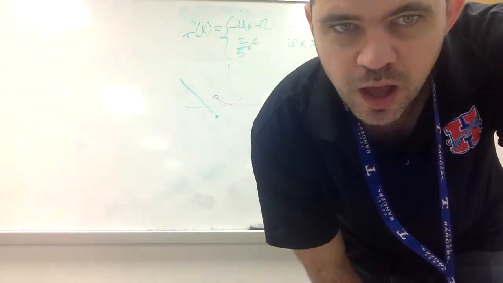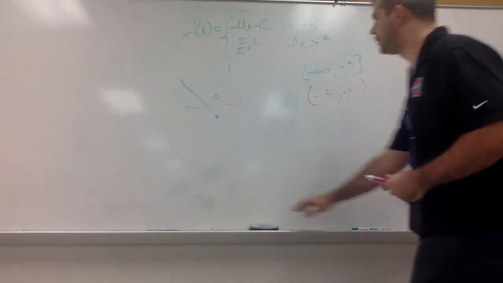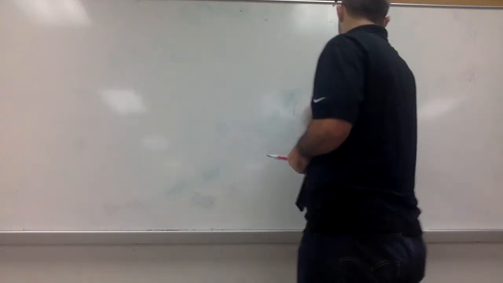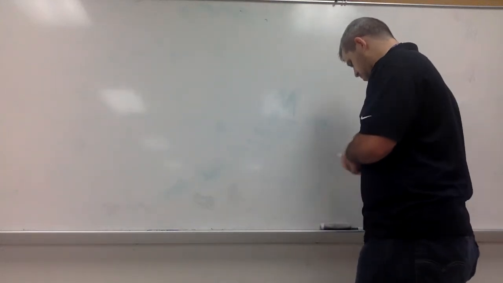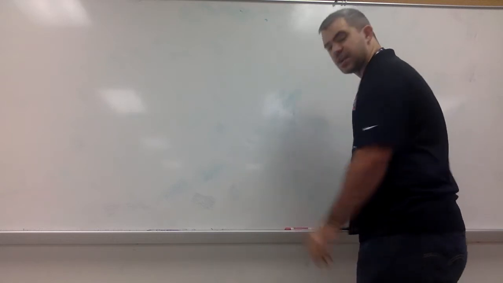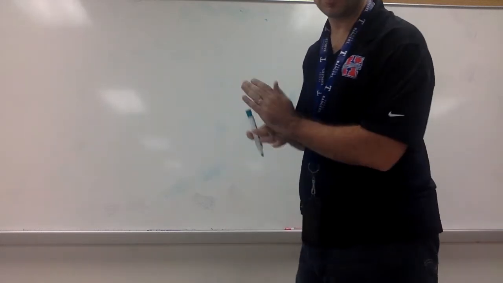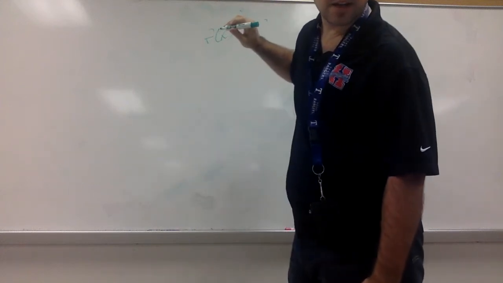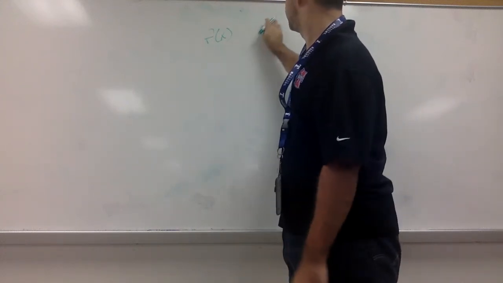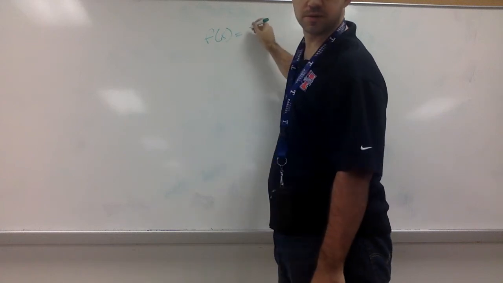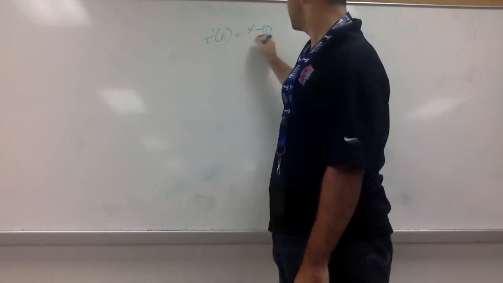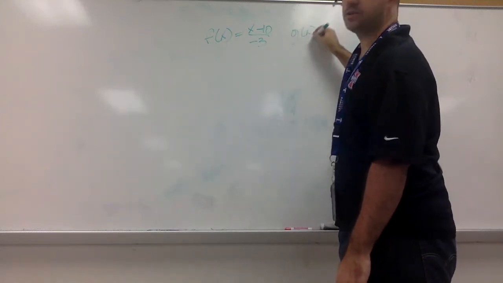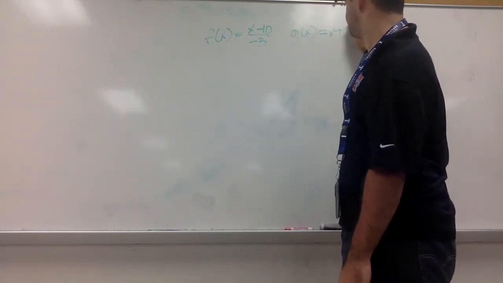All right. This question asks you to combine two functions. So we've got f of x equals x minus 10 over -3, and g of x is x plus 9.